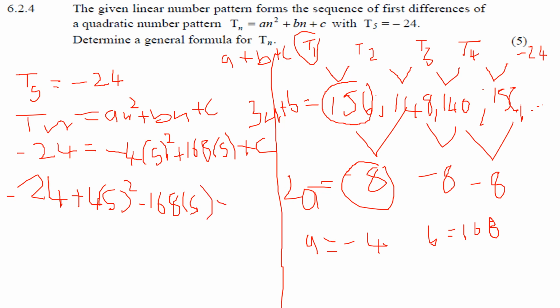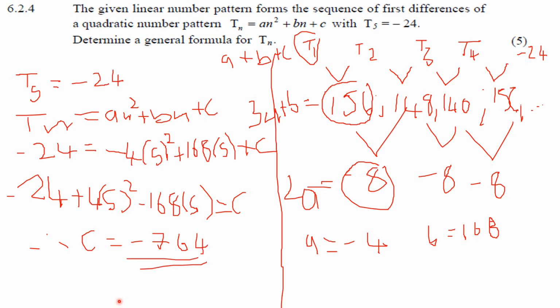Then we get the value of c. Therefore, the value of c, when we punch everything in the calculator, negative 24 plus 4 multiplied by 5 all squared minus 168 all multiplied by 5, will be negative 764.